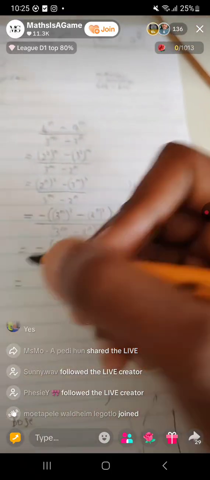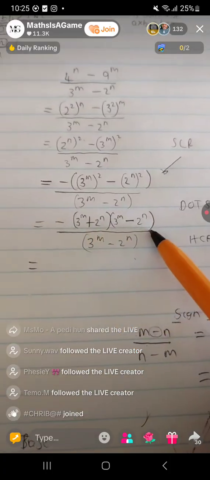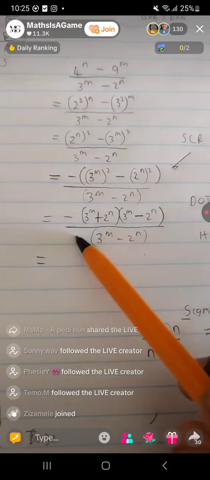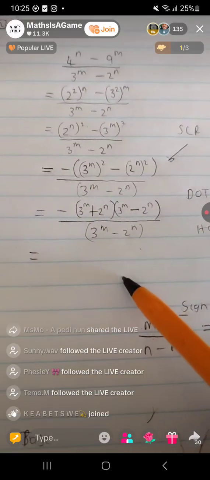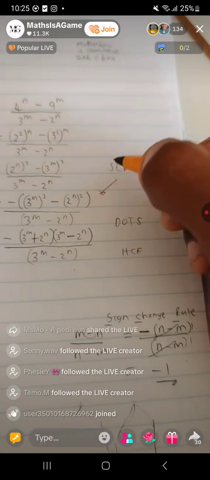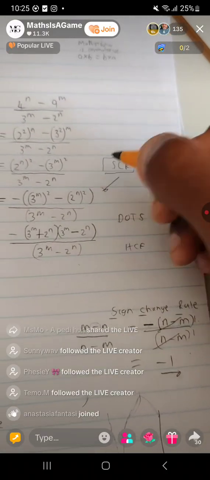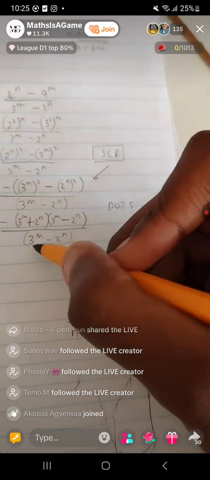And now it's very straightforward. The relationship, how many terms at the top? 1. How many terms at the bottom? 1. Cancellation can happen for common brackets. So that's why the sign change rule was so pivotal and important in our process of how we work.